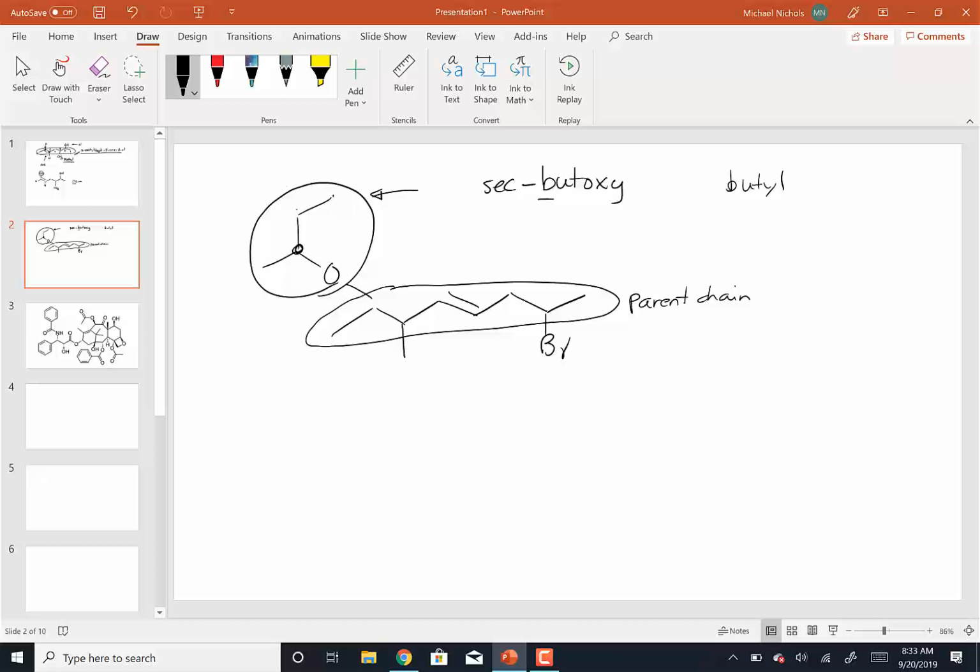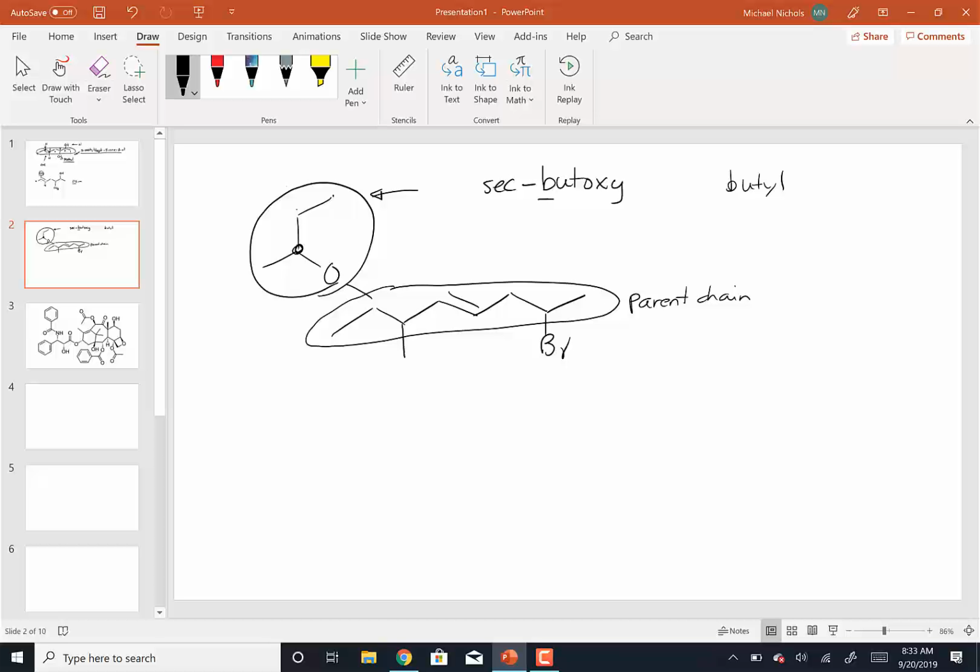Then it's an O versus a Y, and the O would win. So butoxy would beat butyl, or a sec-butyl or a tert-butyl. So it's totally based on alphabetization.